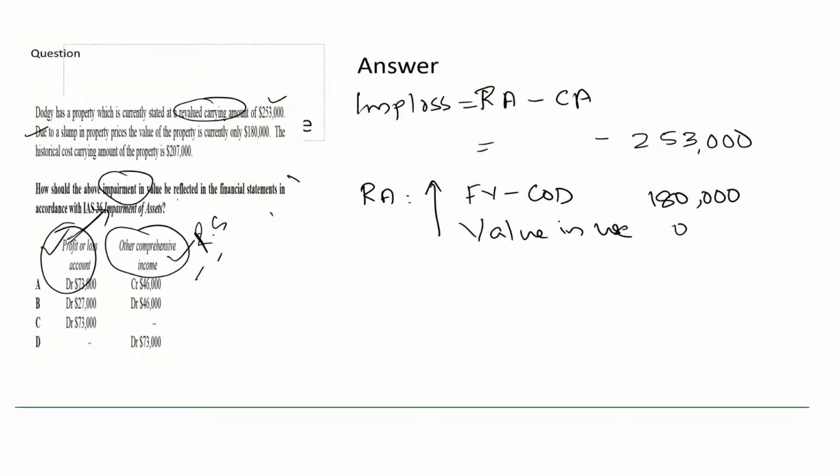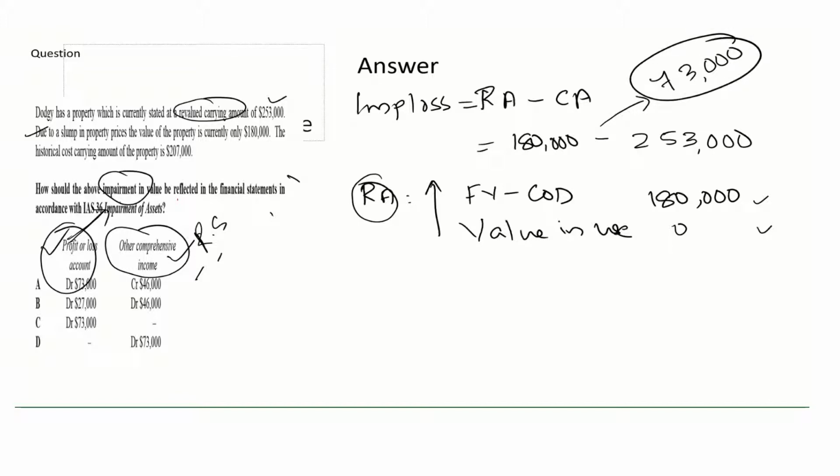So value in use is 0. So the recoverable amount will be the higher of 180,000 or 0, which is 180,000. So there is an impairment loss of 73,000.